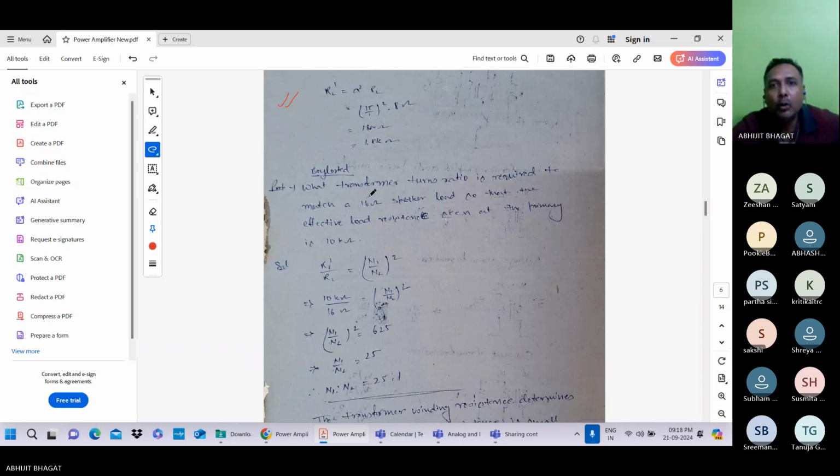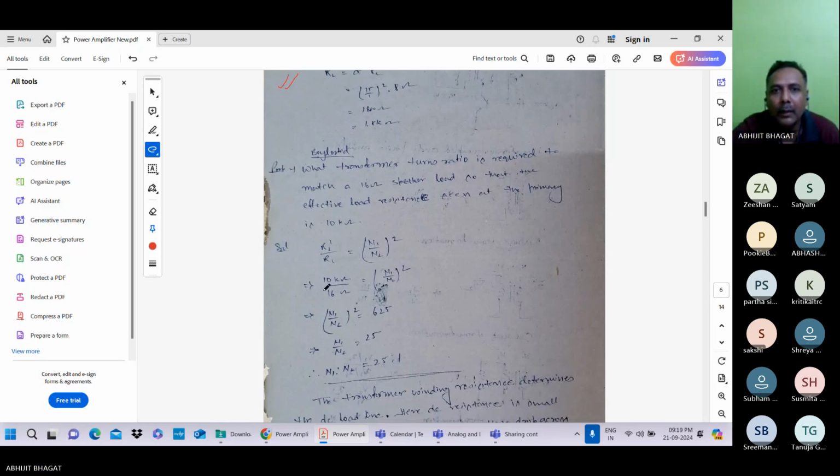This 16 ohm is your load and its effective load is 10 kilo ohm. Then what will be the turns ratio? So RL dash is given as 10 kilo ohm, RL is given as 16 ohm.